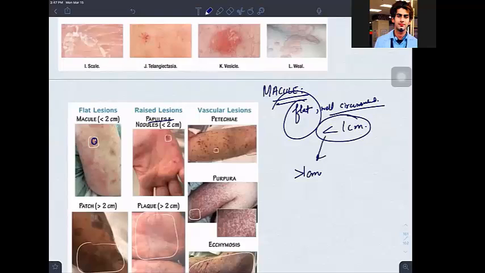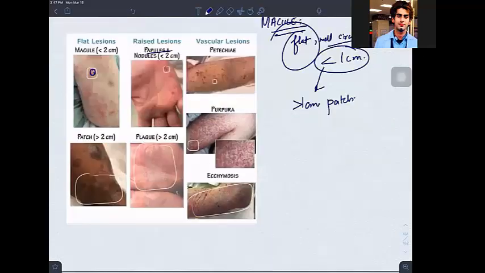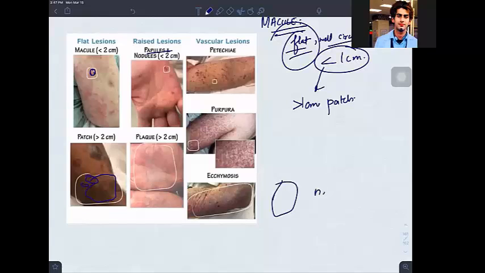The opposite of this is patch. Patch is greater than 1 centimeter, but flat, same condition, just the number is different. Like you have your mole, nevus, congenital nevus, that can be greater than 1 centimeter.